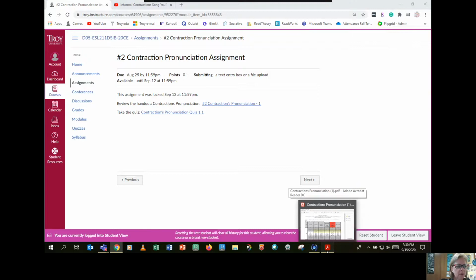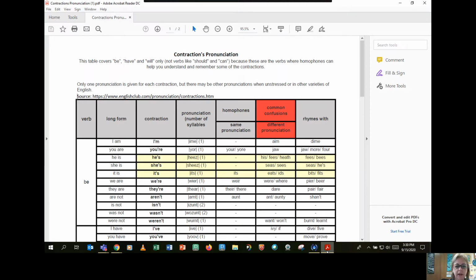So what are contractions? Contractions are shorter forms of the combinations of a pronoun plus a verb. For example, I am becomes I'm, or it is becomes it's. So it's always a verb, or it could be a verb plus a verb. Would have becomes would've.